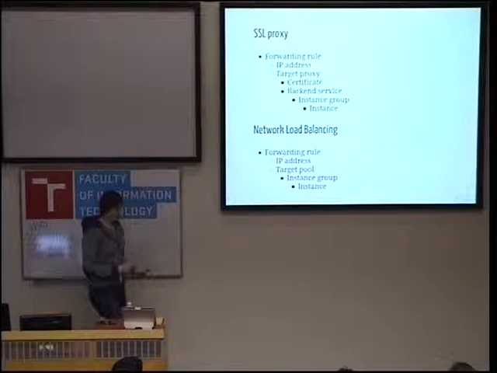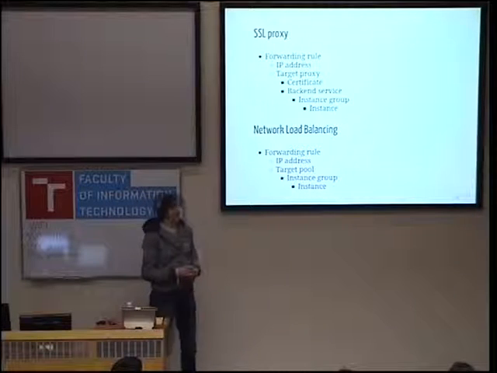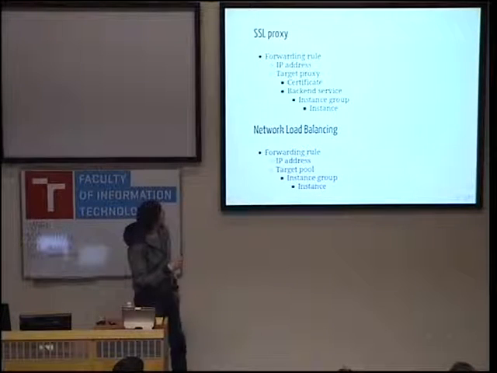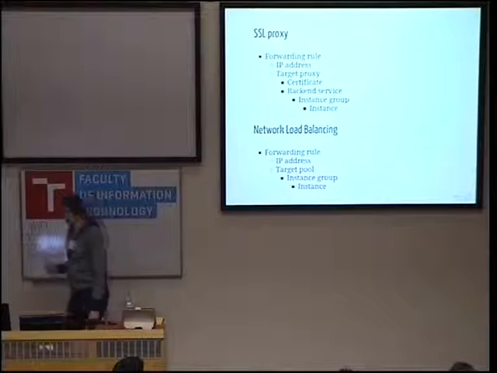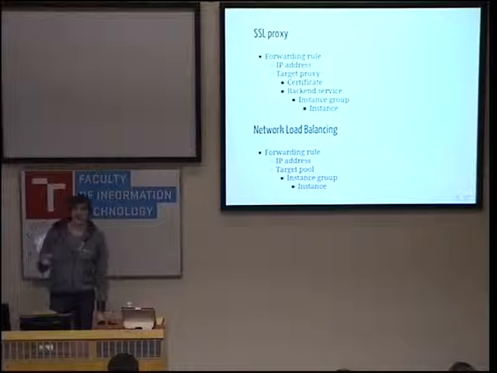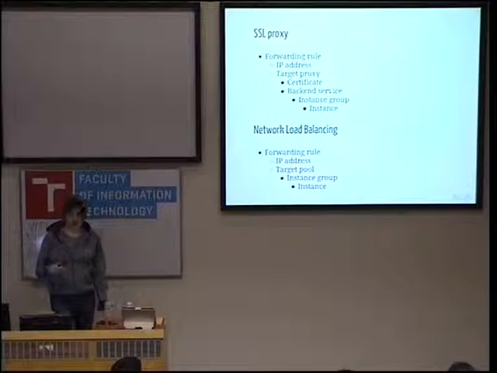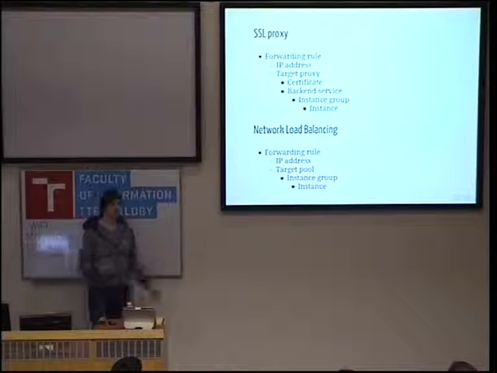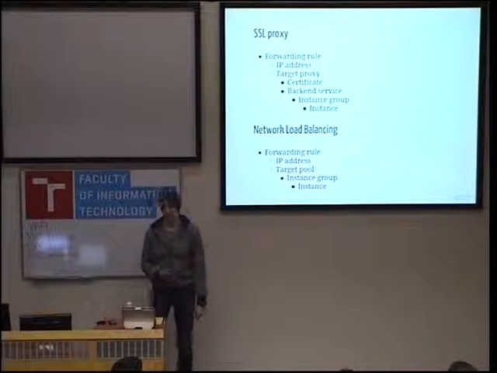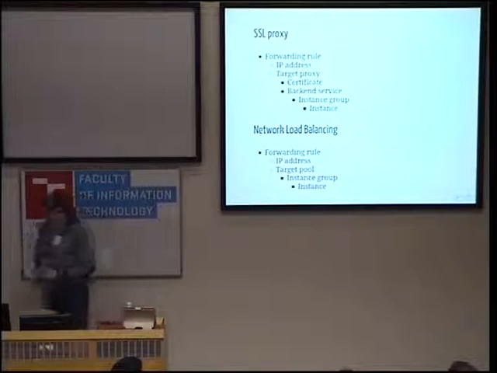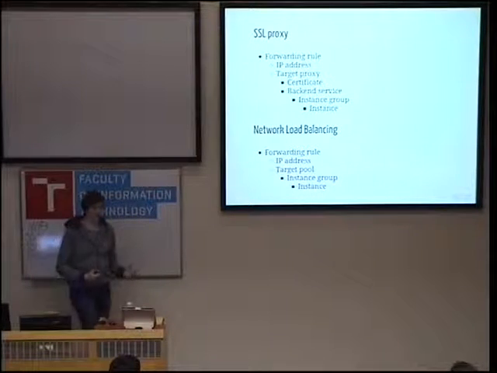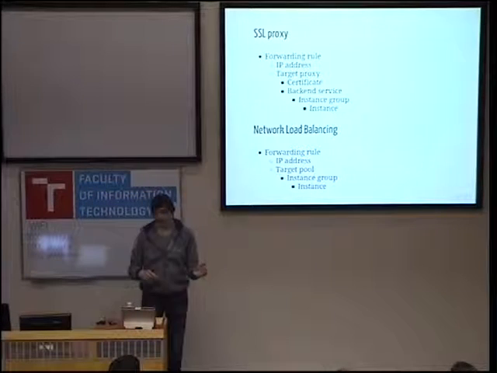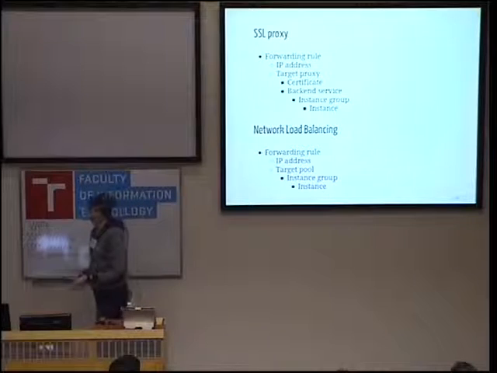And you can choose if the connection between the target proxy and backend services will be encrypted or not. So you can still use it on master instances. We are still using HTTPS certificates, but they are internal and not valid publicly. But the connection is encrypted. So the forwarding rule contains an IP address and a target proxy, which represents where the traffic for this IP address should be forwarded.